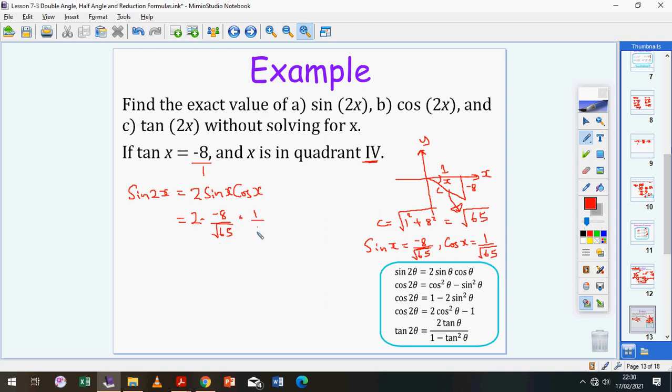If I simplify this, this will be negative 16 divided by square root 65 times square root of 65, which is the same thing as just 65. So that's the sine of 2x. What about the cosine of 2x?